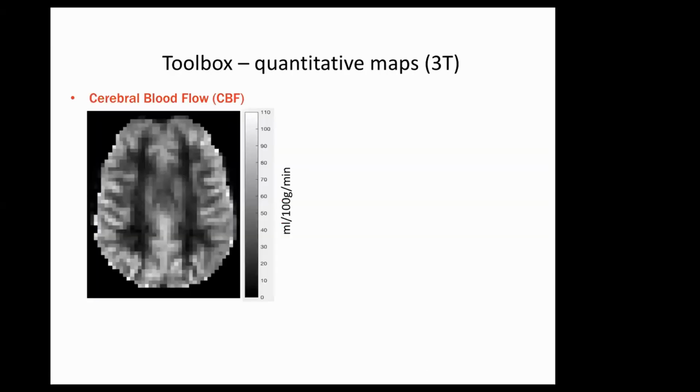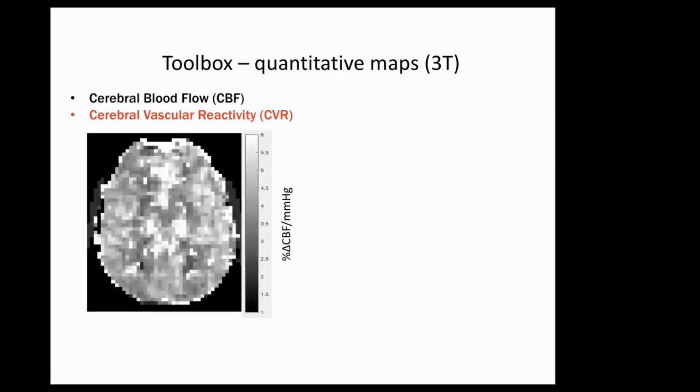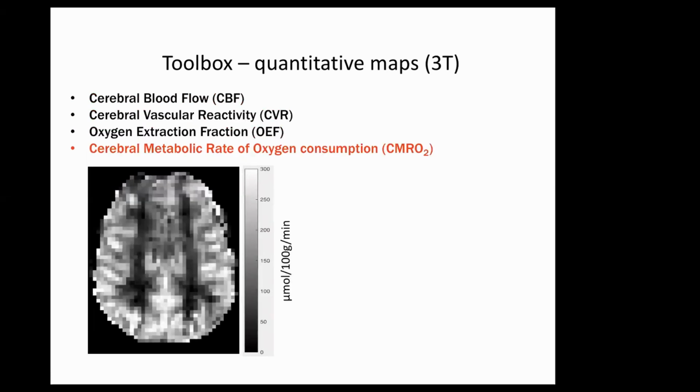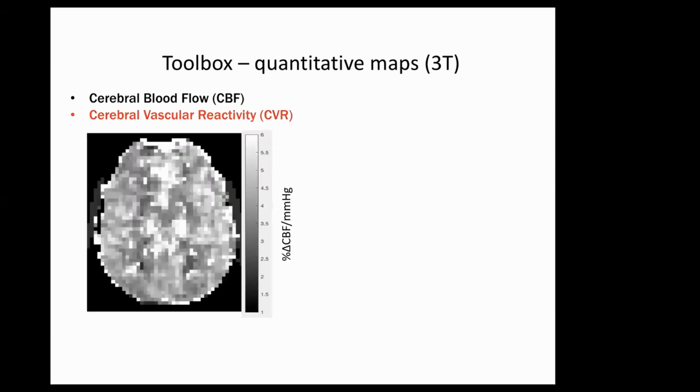So ultimately, we might call this measurement from this single scan, which lasts about 20 minutes, unfortunately, it's a long scan, a kind of toolbox offering us measurements of blood flow, vascular reactivity, oxygen extraction fraction, and oxygen consumption. I mentioned vascular reactivity.